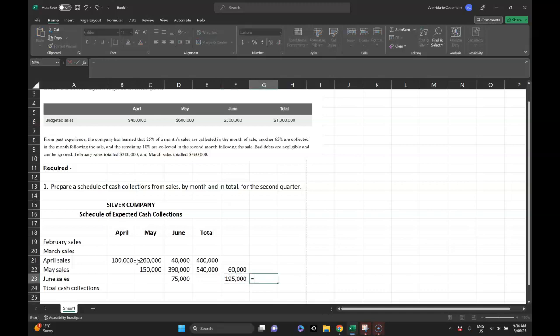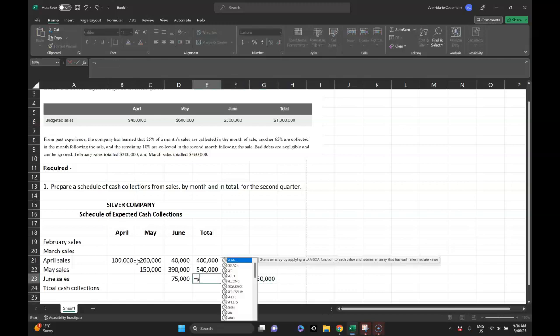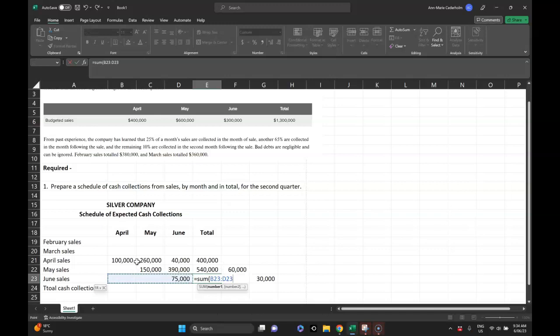And then again, June 300,000 in sales, I'm going to multiply that one by 10%. So when I add up the total, I'm only collecting 75,000 of June sales in the quarter and then the rest afterwards.